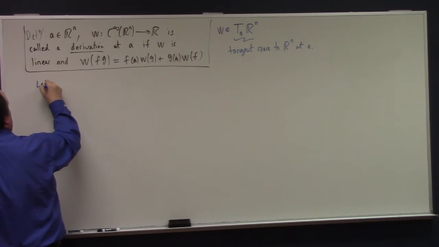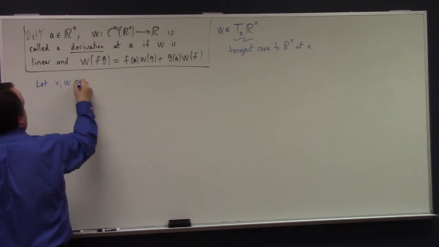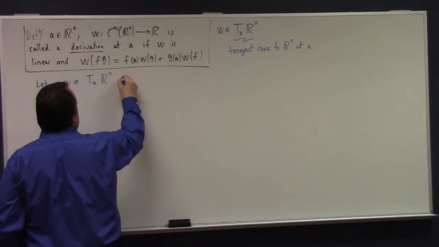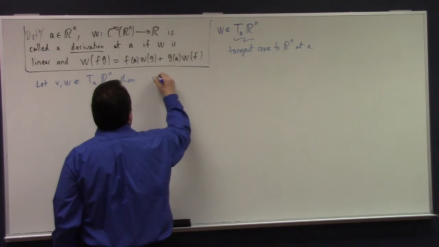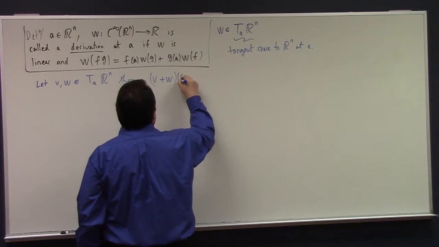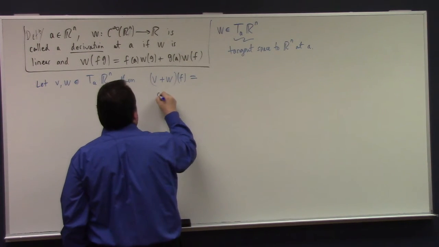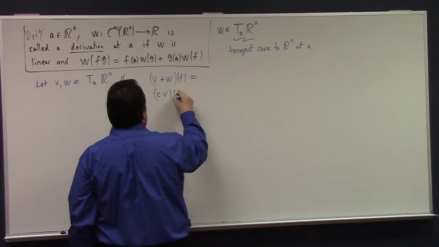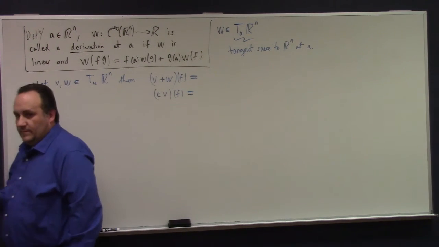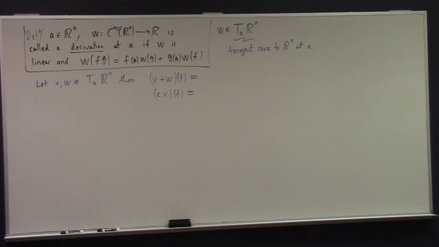So let V and W be derivations. Then how about V plus W? If we let that act on f, what's it equal to? And how about c times V acting on f, what's that equal to? V and W are both real-valued functions of smooth functions; they're themselves mappings.